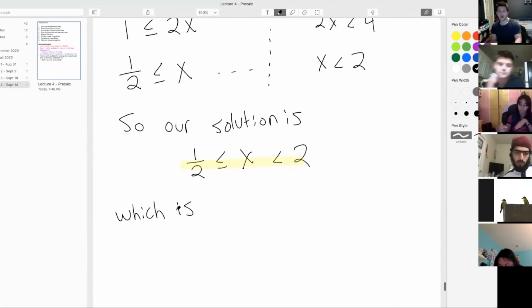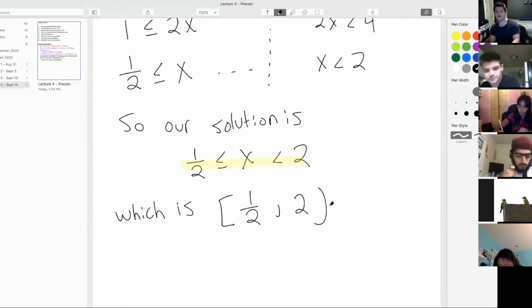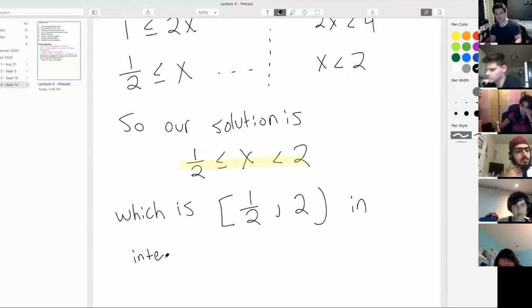We have a less than or equal sign attached to the 1/2, so I will put a bracket next to that. But I just have a less than sign with the 2, which means I'm not including 2 in my solution set, so I should put a parenthesis around that one.